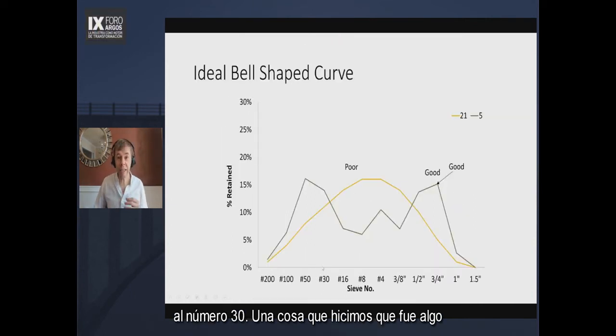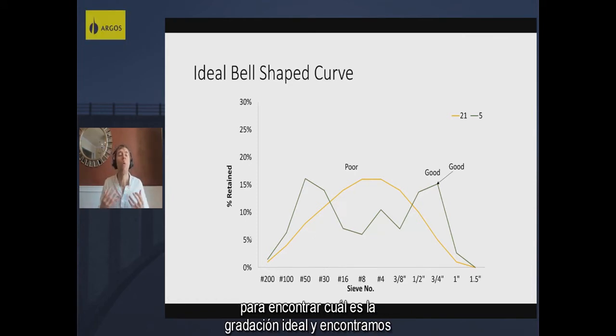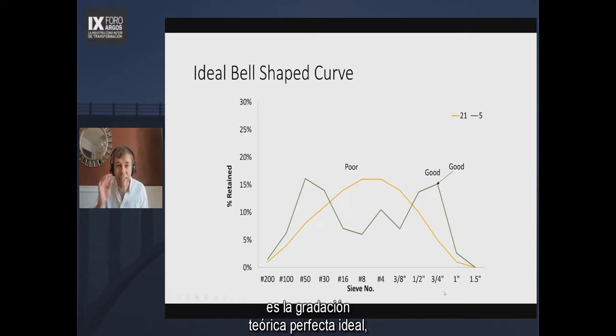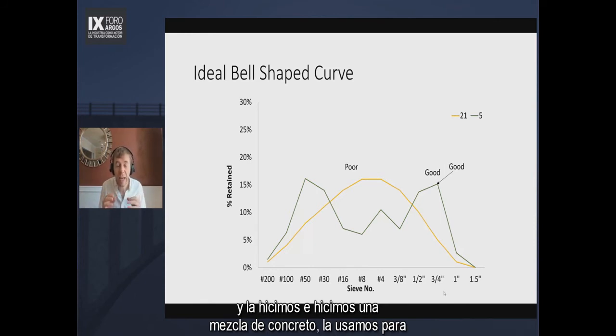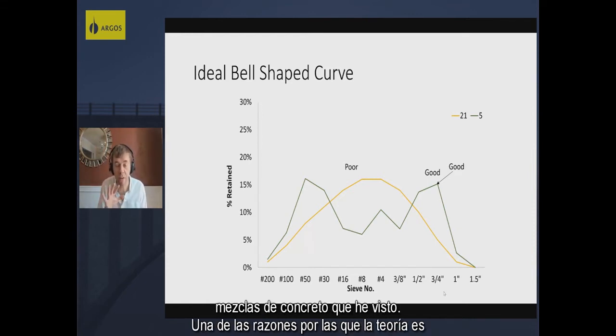So one thing we did that was kind of interesting is we looked in the textbooks to say, what is the ideal gradation? And we found that this curve right here, this bell-shaped curve, is the ideal, perfect theoretical gradation. And we made it, and we made a concrete mixture. We sieved it to make it, and it was awful. It was horrible. It was one of the worst concrete mixtures I've ever seen.